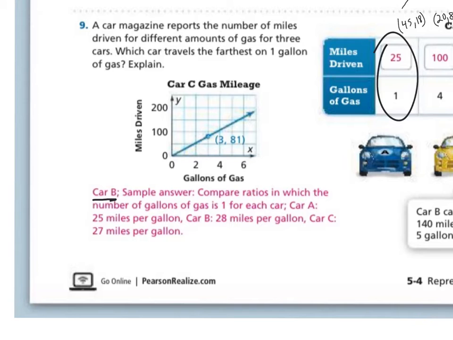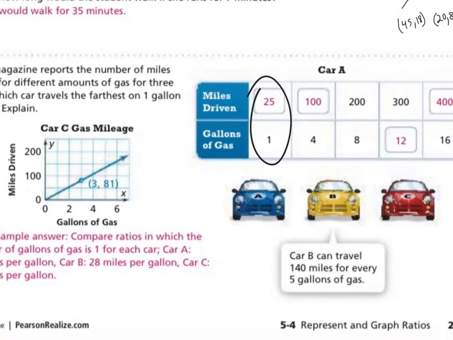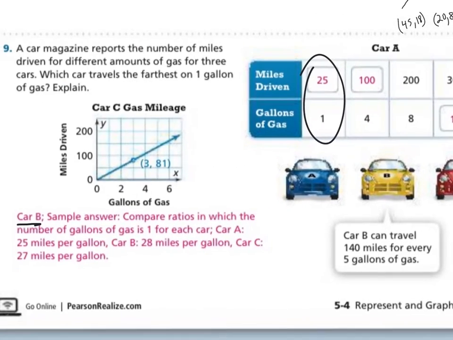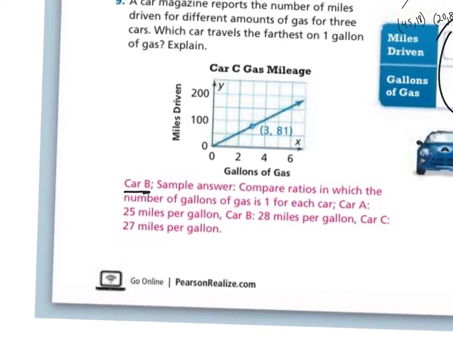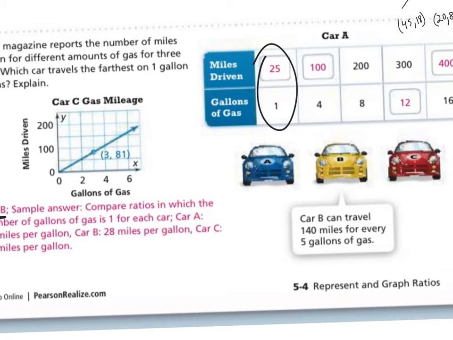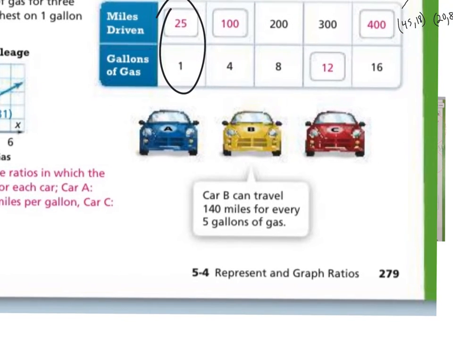For this, we can see car A, it's 25 miles for 1 gallon. And again, we'll get into this more in the next section, but car B, it's 140 miles for 5 gallons. If you divided that out, that's 28 miles per gallon.